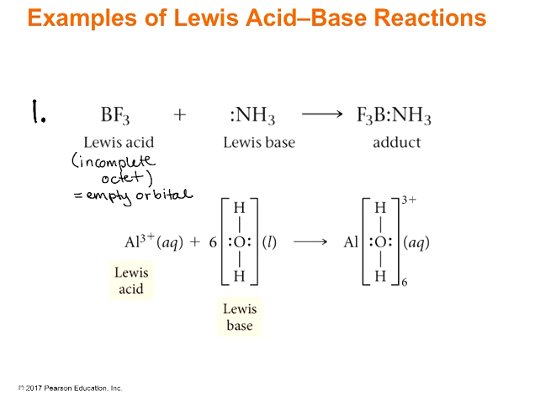The lone pair on the nitrogen in our Lewis base is going to donate itself to boron. Then we have a molecule where boron is now covalently bonded to nitrogen, and we're going to call this an adduct.